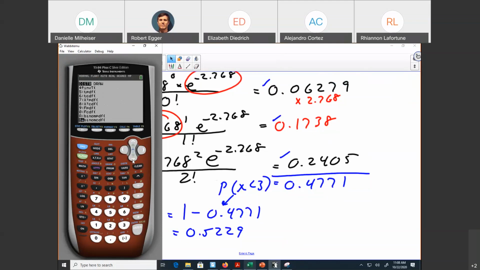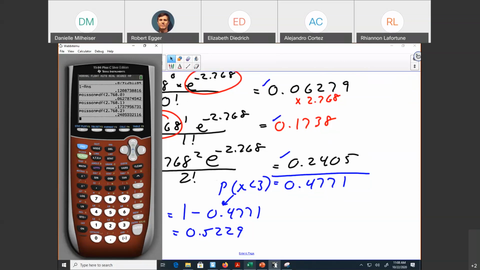Let's do it for 1. 0.1738. Number 2. 0.2405. Right? So yes, my hand calculation matches the technology.